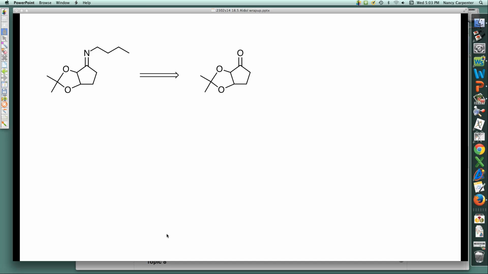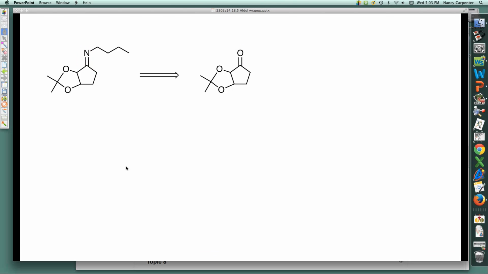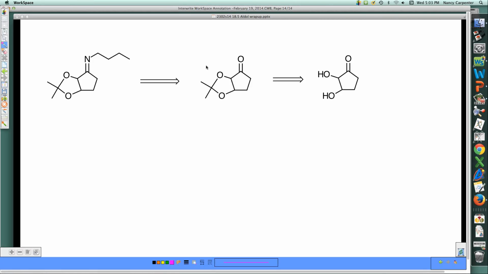So you just have to work backwards one step at a time and recognize, I know how to make an imine from a carbonyl. I know how to make a ketal from the reaction of a ketone with an alcohol.